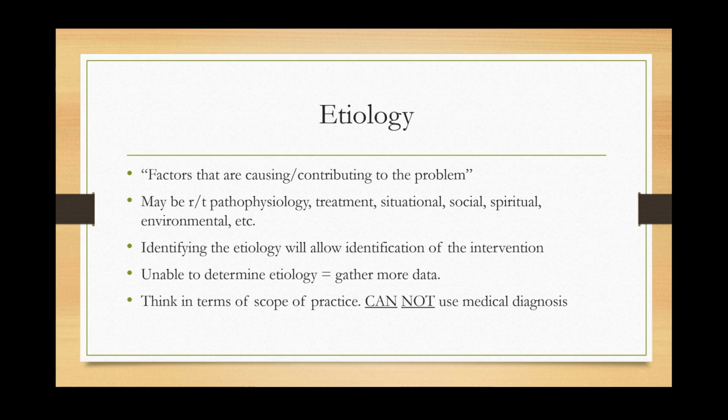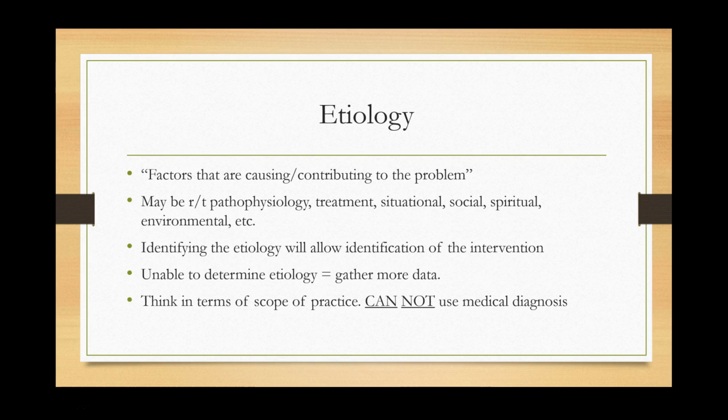And these can be pretty much anything. They can be related to pathophysiology. They can be related to treatment. They can be situational, social, spiritual, environmental, what have you. If they relate to that problem, they can be a part of the etiology. What is contributing to that problem?